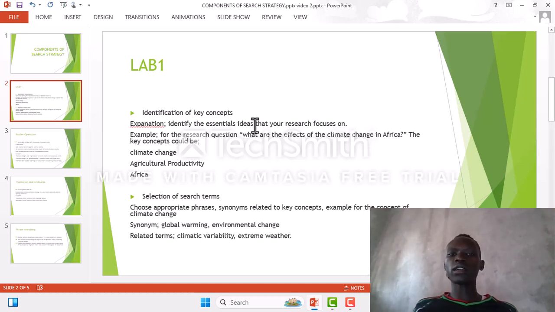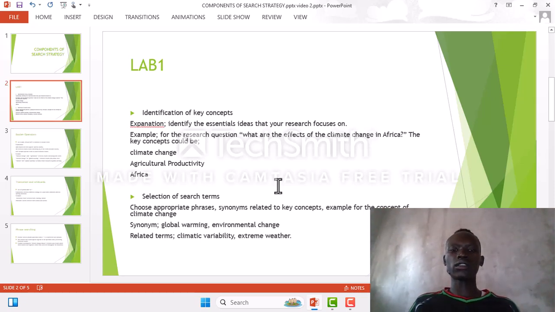For example: what are the effects of climate change on agricultural productivity in Africa? Our key concepts here would be climate change, agricultural productivity, and Africa. So you need to know what climate change is, what agricultural productivity in Africa means, and also what Africa is. Africa is just a continent. You basically should have known that.